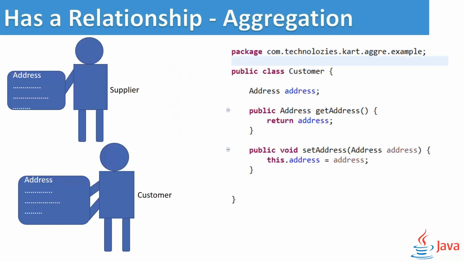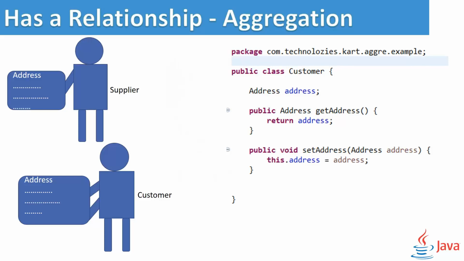Let's talk about aggregation. When two different classes have their own existence and they are in a has-a relation, then it is known as aggregation. Let's try to understand with a live example. Employee and address are two different classes. Suppose we are going to remove the employee class from the application.